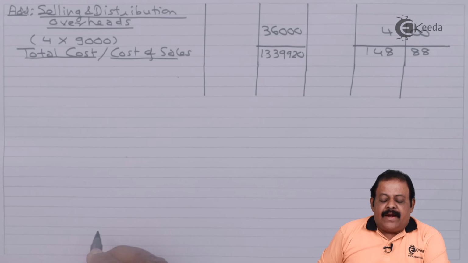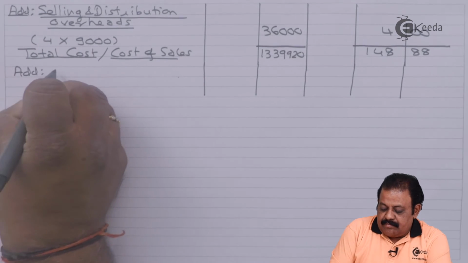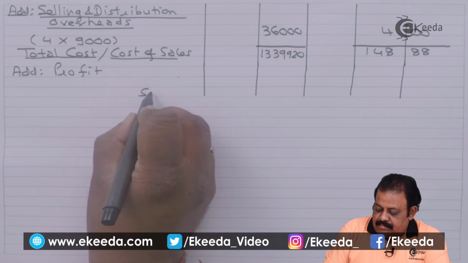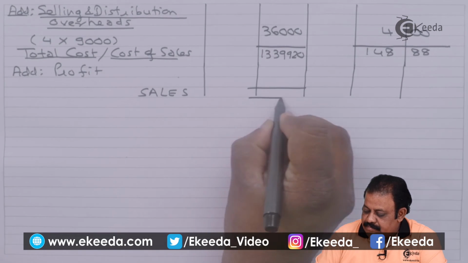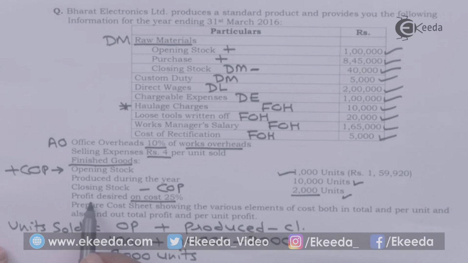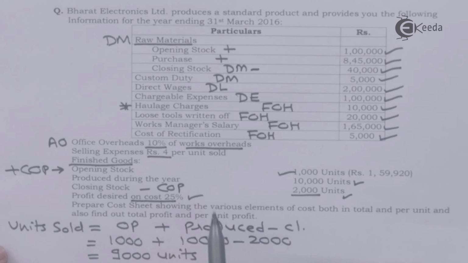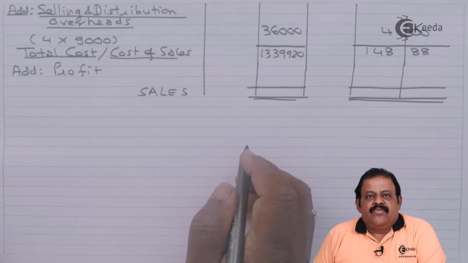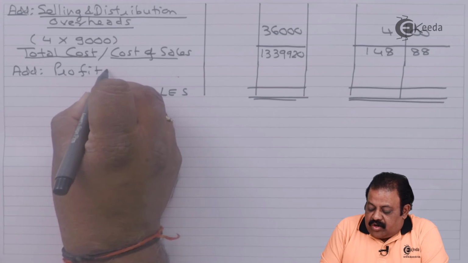To this we are required to add profit. It is given in the question that profit desired on cost 25%. So we have to add profit 25% on cost.